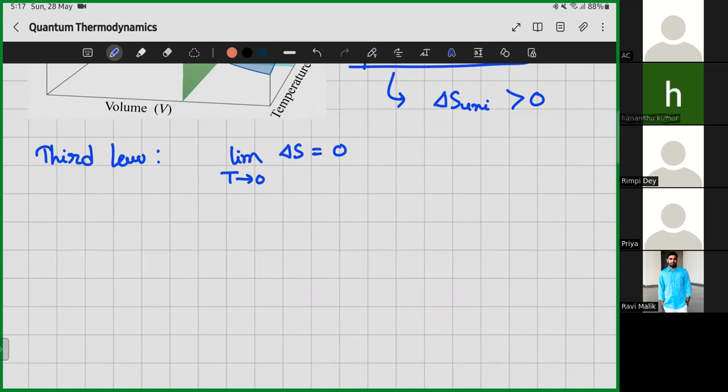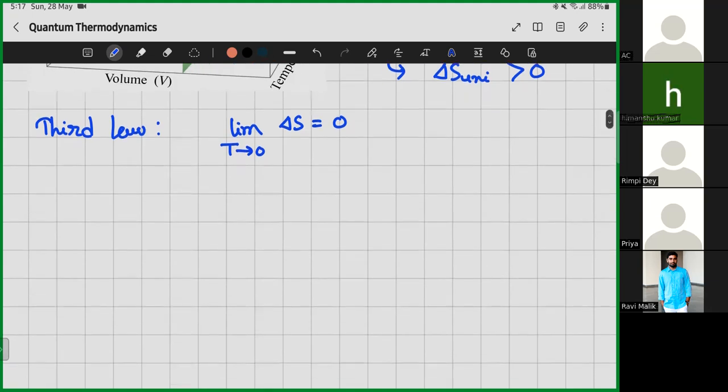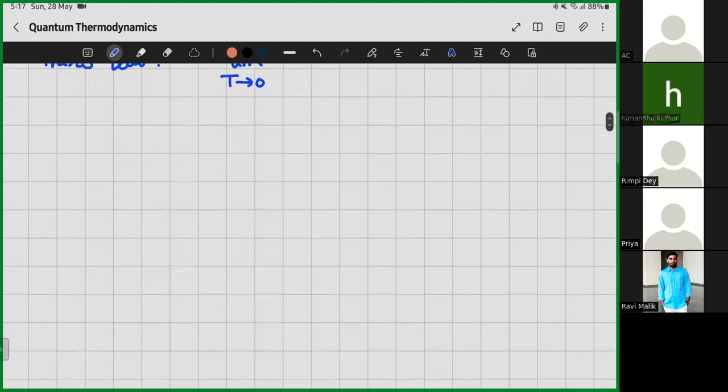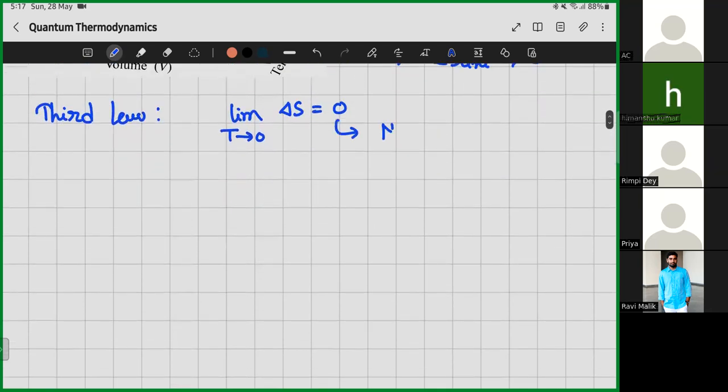If the entropy change for any process when the temperature tends to zero, then ΔS will be zero for any chemical or physical process. Okay. Absolute entropy will be zero for any perfect crystal. Yeah. But for anything, if temperature tends to zero, then ΔS will always be zero for any material. Yes. So it's basically the Nernst theorem.